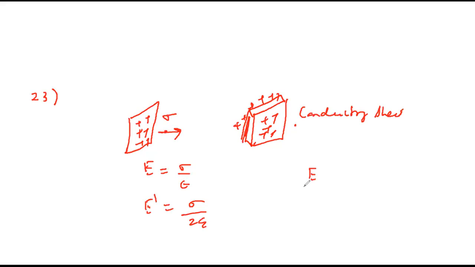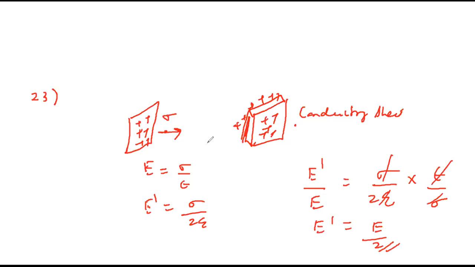So E dash upon E is sigma upon 2 epsilon into this, so I can cancel. Therefore, E dash will be E upon 2. This is the derivation I will explain in the next lecture by using Gauss's law.